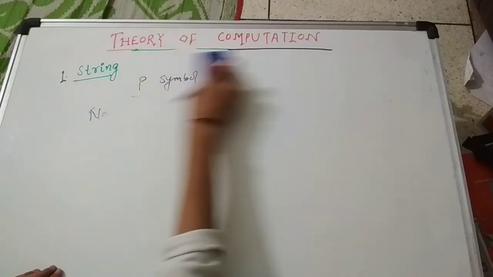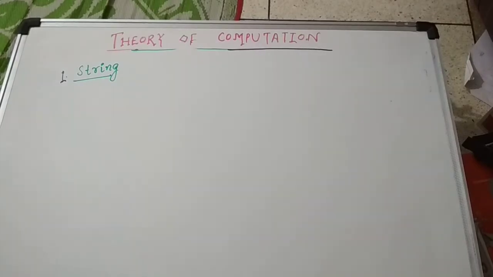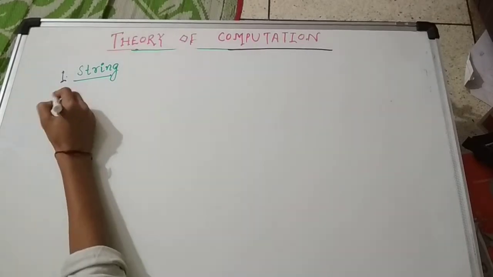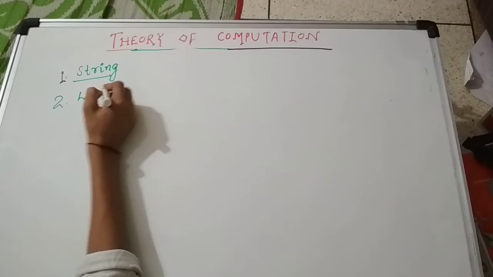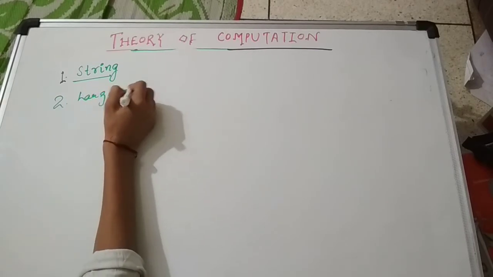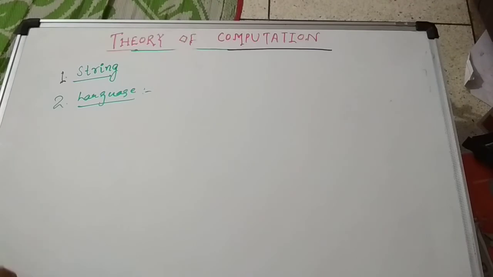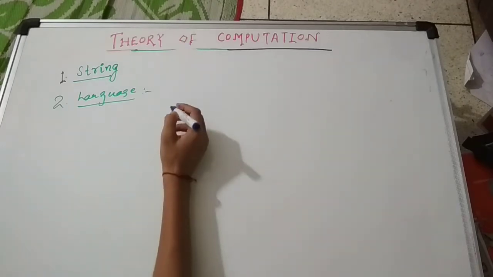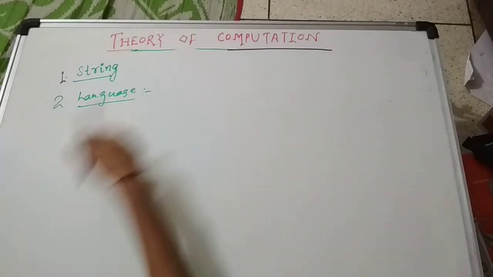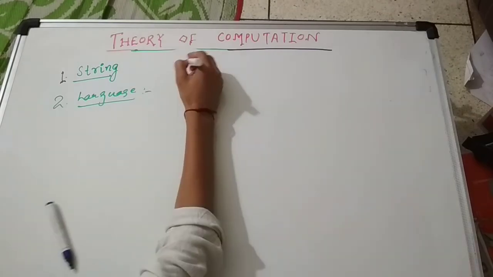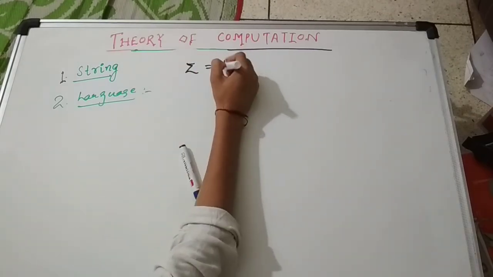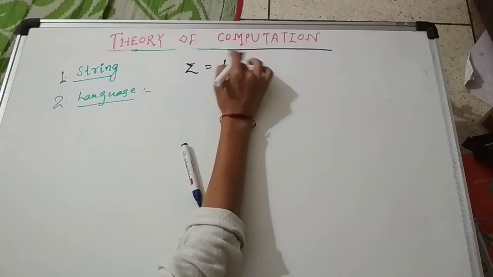So the second terminology that we have discussed was language. Language is a collection of strings. Just imagine we have alphabets a comma b.